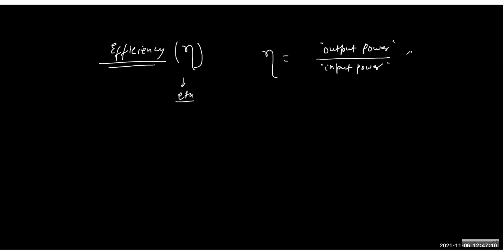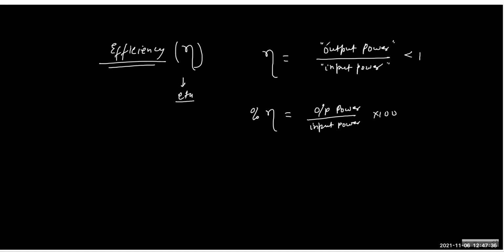So this ratio will be less than one. You can also define percentage efficiency. Just look at it. So whenever the efficiency question will come, just write the definition and from there you can solve.